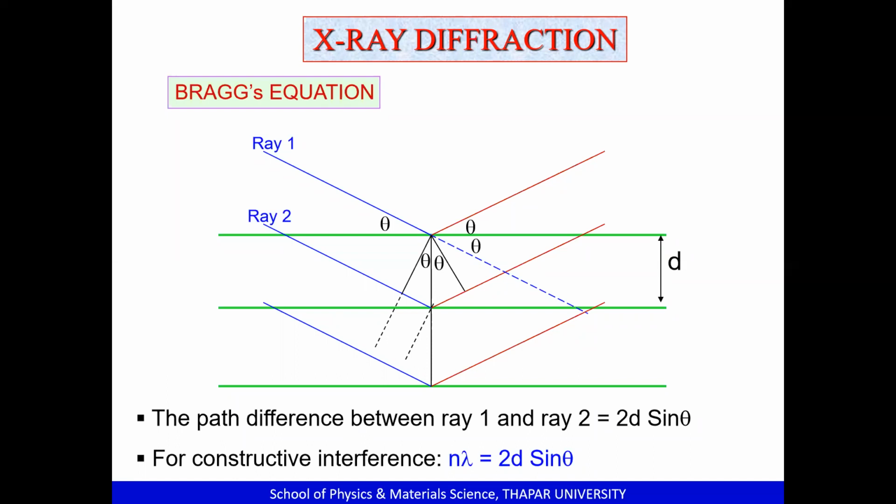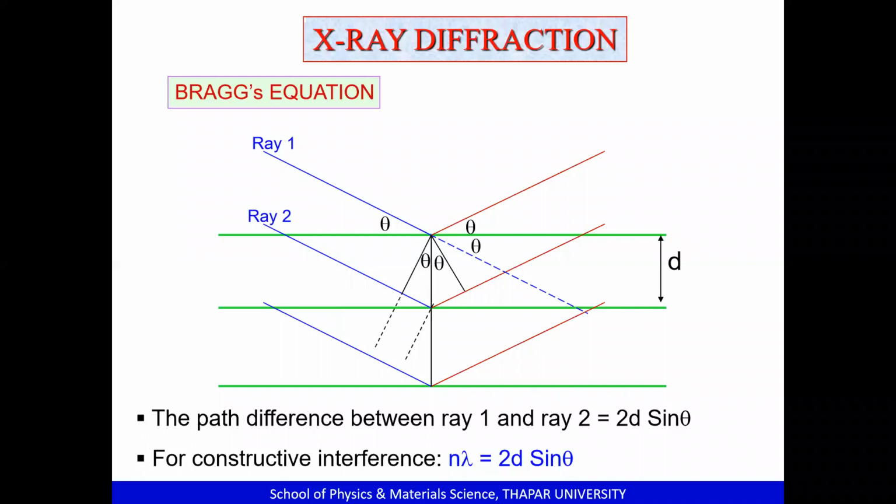Now, the important question is what kind of radiation has its wavelength of the order of angstrom? You remember visible light has its wavelength typically of the order of 4000 angstrom. So it is very, very large compared to the d value in the solid, which is 1 or 2 angstrom apart. So visible light cannot be diffracted by crystalline material because your lambda is not the same as d.